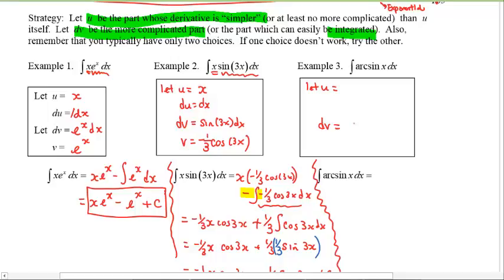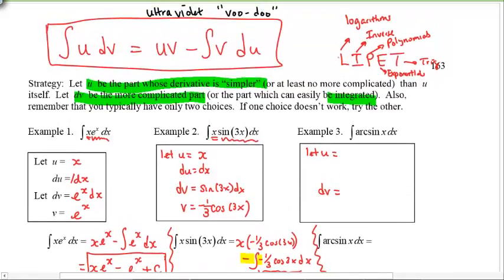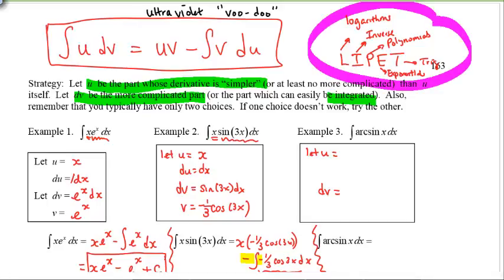So this is the integral of arc sine x dx. Logarithm? Nope. I do see an inverse. So therefore, LIATE says I should be thinking inverse. Inverse, I guess, is the arc sine x. So you're like, well, Mr. Lee, what's left over then for the dv part?